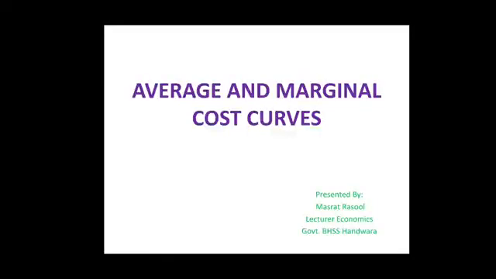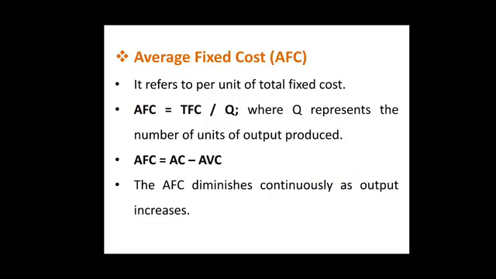Assalamu alaikum, dear students. In this lecture, we will analyze the behavior of average and marginal cost curves in the short-run time period. Dear students, in the short-run analysis of a firm, average costs, that is per unit costs, are more important than total costs.